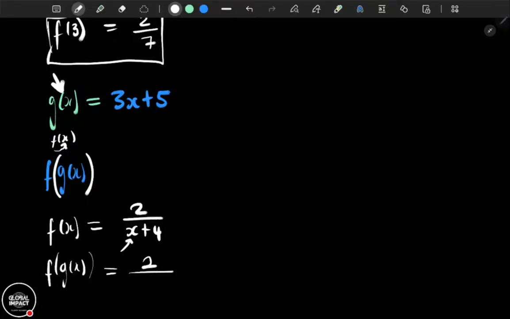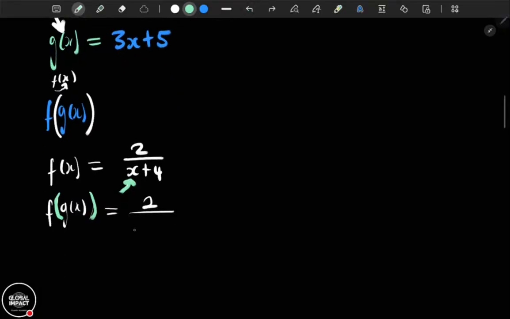Don't make it hard. You have to do this: go where there is x, ignore everything else, and put the whole thing called g of x there. So where there is x, we'll put 3x plus 5.